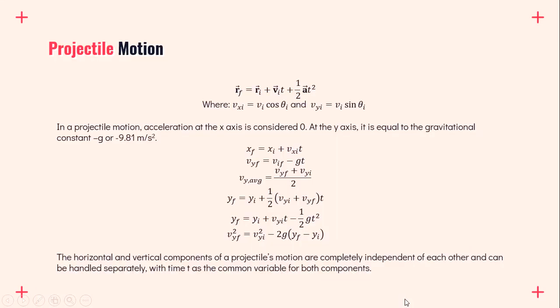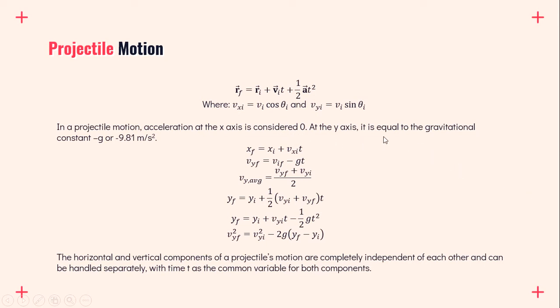We already know this from our past discussion: Vxi is equal to Vi cosine theta, or the x component of the initial velocity is Vi cosine theta, and the y component is Vi sine theta. In a projectile motion, acceleration on the x-axis is considered 0.